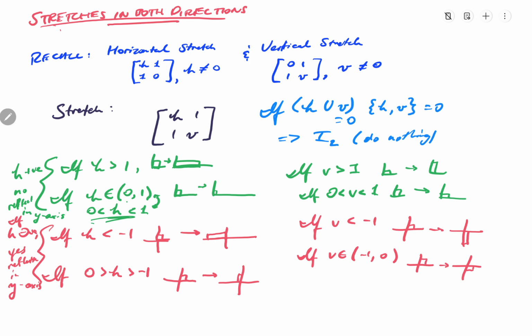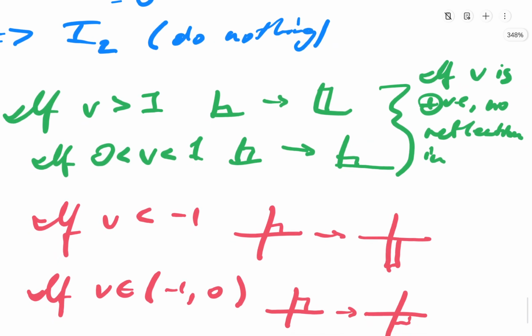All right. So if v is positive, then there is no reflection in the x-axis. Let's zoom in. Hopefully you still remember what v is.